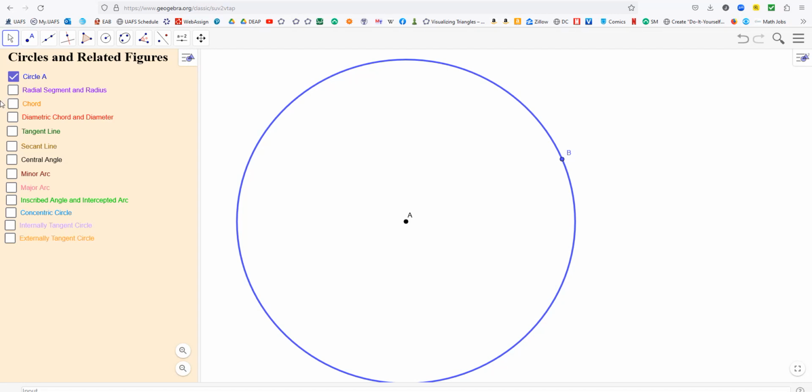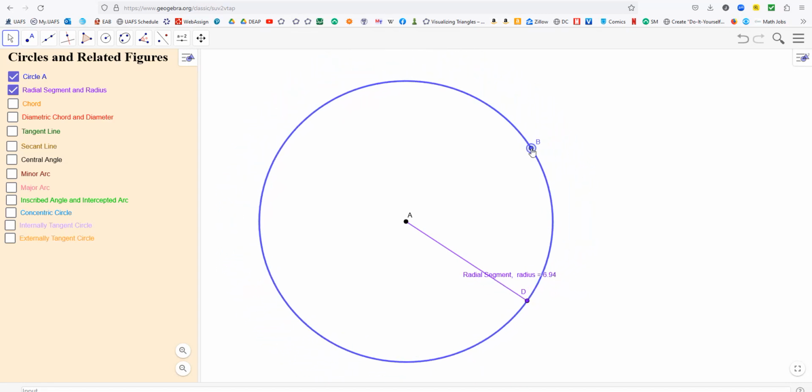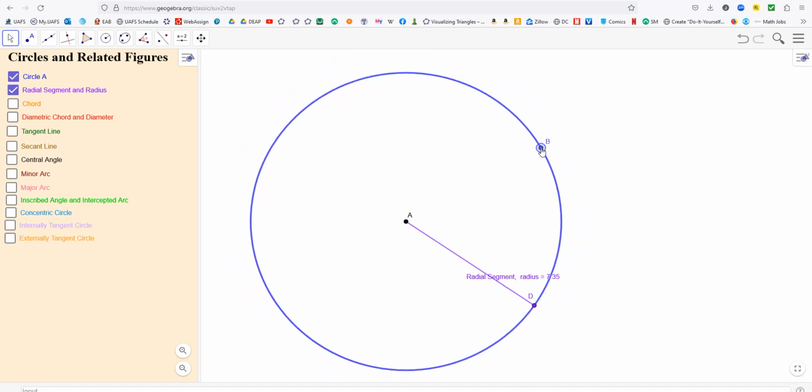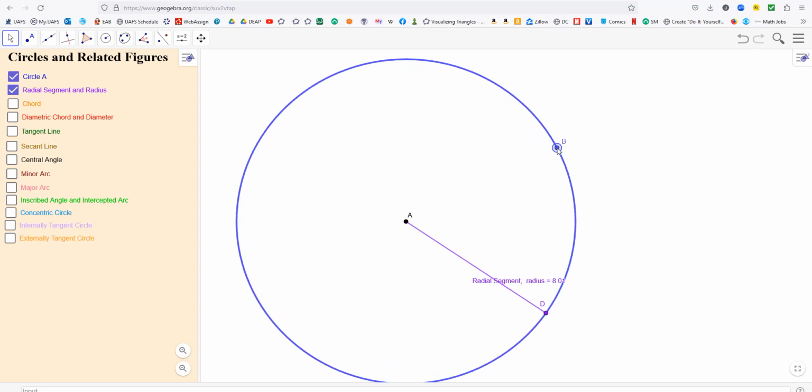Okay, so here's a radial segment, and the radius is the length of that segment. Over here it's 8 at the moment. We can make it larger or smaller by moving the control point. I think you can probably see that I made this one by center and point.